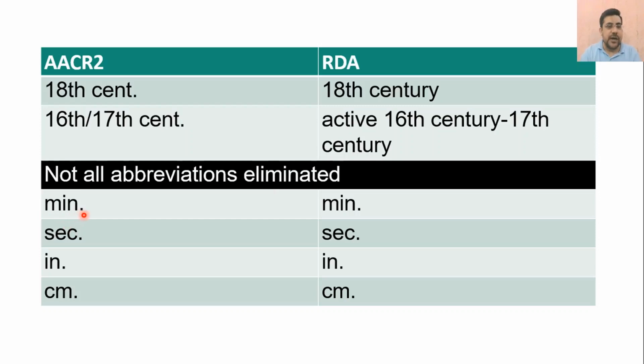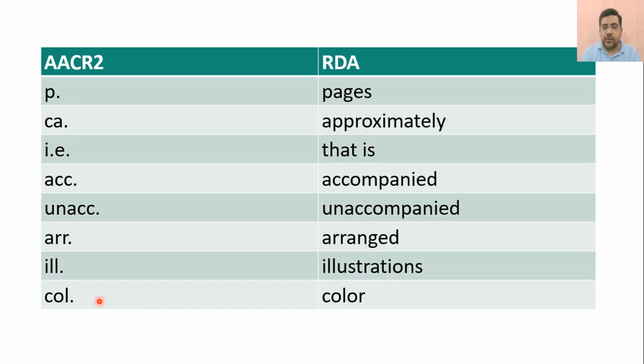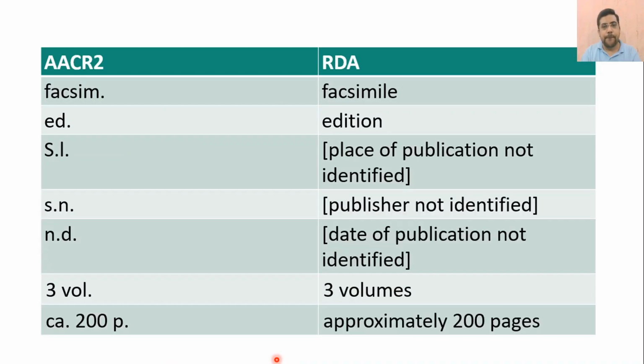We have MIN, it's for minutes, and it's same as it is. SEC, this is same as it is. IN for inch, minutes, seconds, inch, centimeters, they are all same as it is. Let me stop my screen for a few seconds so you will see all of them once again. And then this.